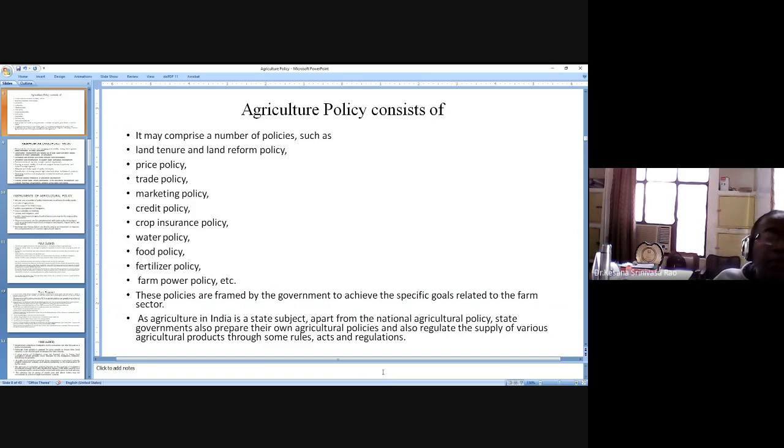Another one is fertilizer policy. The fertilizer policy is also one of the important components in the recent past, because earlier our people used to grow crops with manure from buffaloes and cows, and with that natural manure they used to grow more crops. But over a period of time the livestock has almost been wiped out in the majority of places, because nobody is there to look after or grow that livestock.